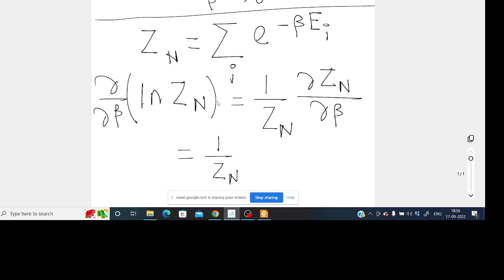Now Zn is equal to this thing. So if you differentiate this, then you will get e to the power minus beta ei into minus ei. Clear?